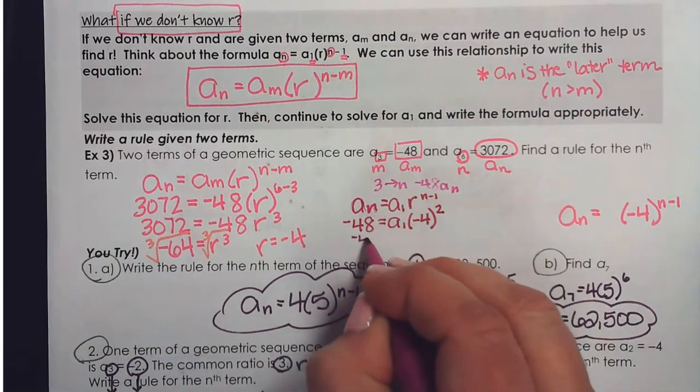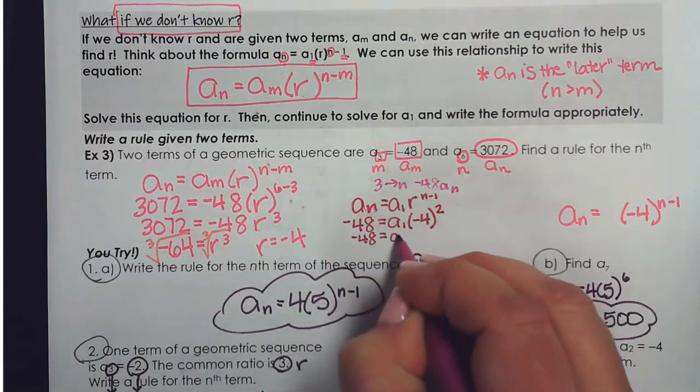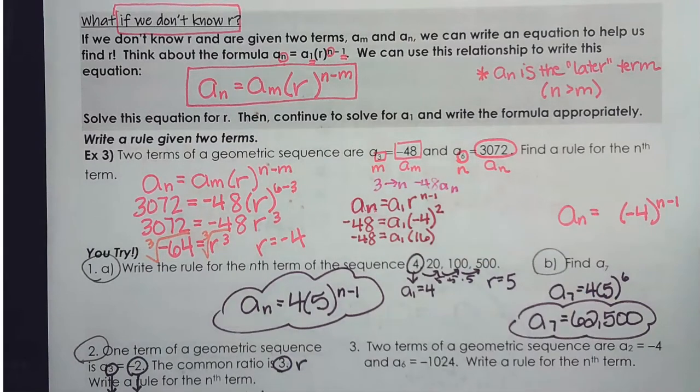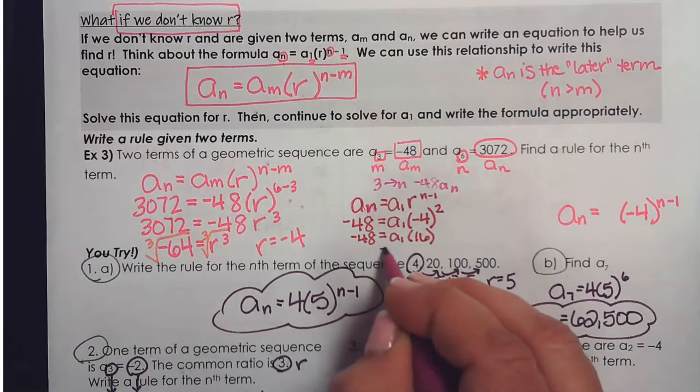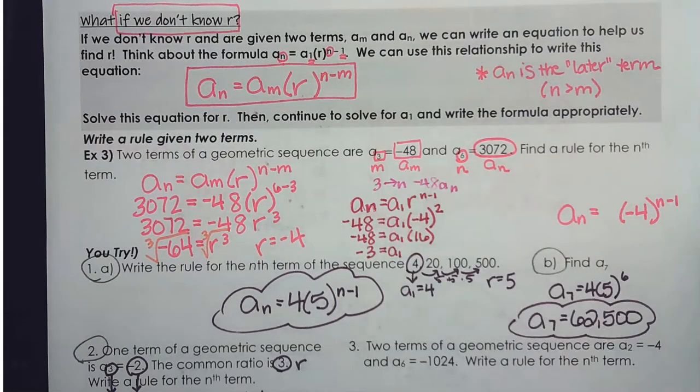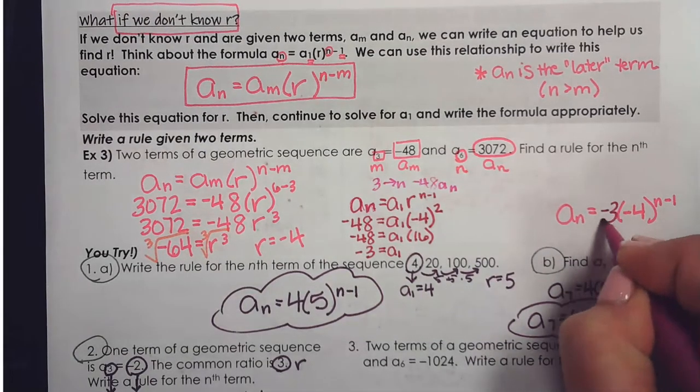Now, what happens when you square negative 4? Positive 16. How will I find a sub 1? Divide. And so now I have that a sub 1 is negative 3. And so then I'll put that in my equation.